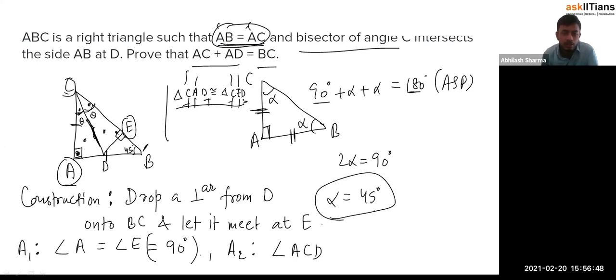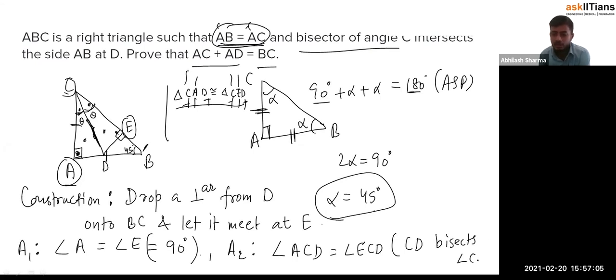ACD must be equal to ECD. Reason is this is bisecting, right? So let us write this down. CD bisects angle C. That's why it divides into equal angles, right?